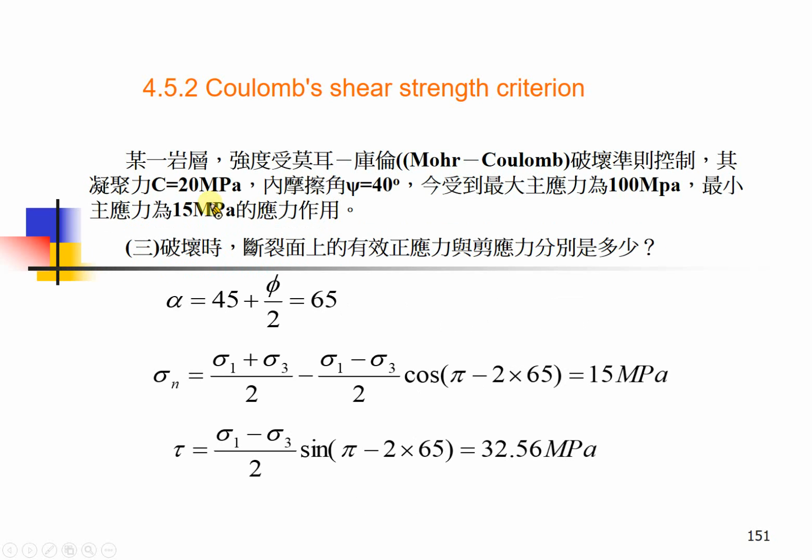And this question asks you what will be the effective normal stress and the effective shear stress at the failure plane. When you solve this question, you can use the Mohr circle and the failure envelope. It will be easier for you to understand the whole story. The calculation will be quick, but the equation will not give you insight about the physical meaning. Okay?